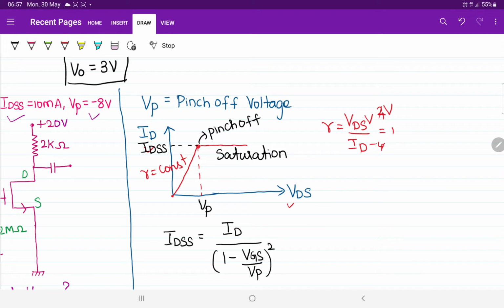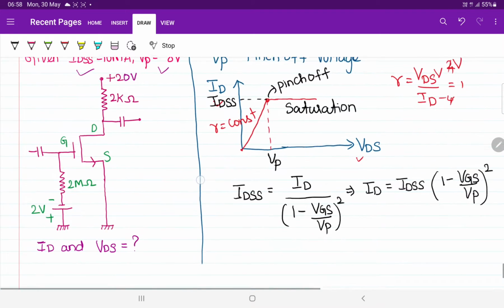From here, if you are requested to calculate the value of drain current, directly you can write drain current ID equal to IDSS, the maximum current, into 1 minus gate to source voltage upon pinch off voltage VP whole power 2. Don't forget, here IDSS indicates the drain to source maximum saturation current.